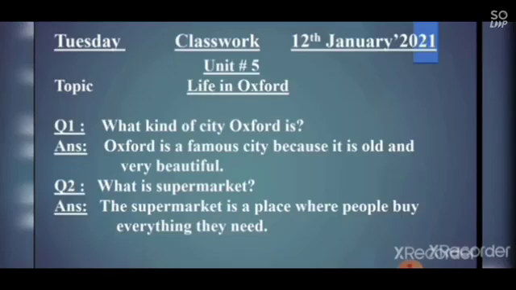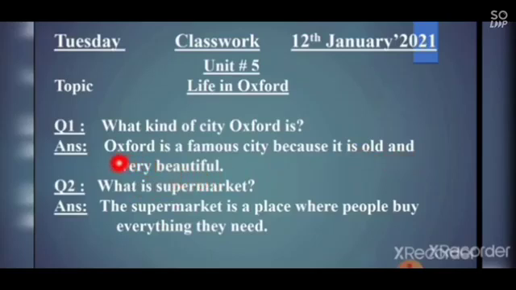Among them, Oxford College is still on the top of the list to characterize Oxford city as a well organized place of UK. Now please write down this answer. Oxford is a famous city. As you all know that Oxford is a famous city because it is old and very beautiful.